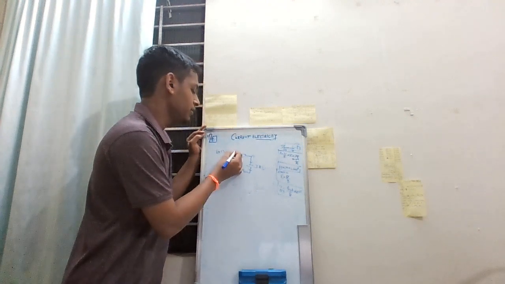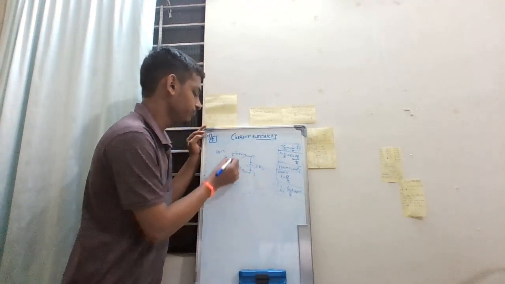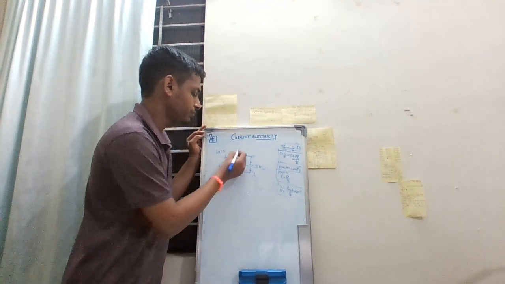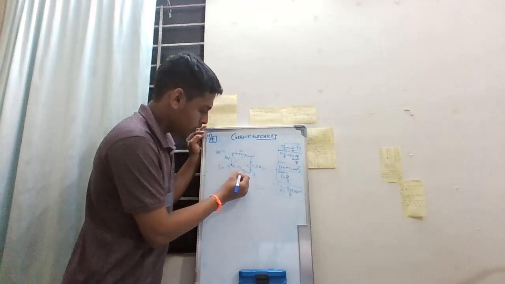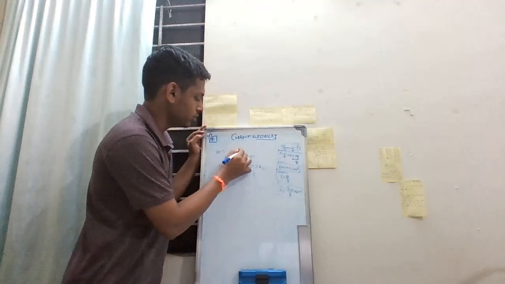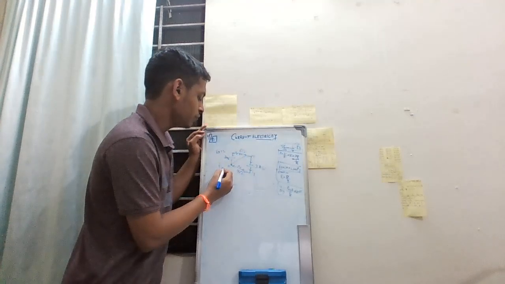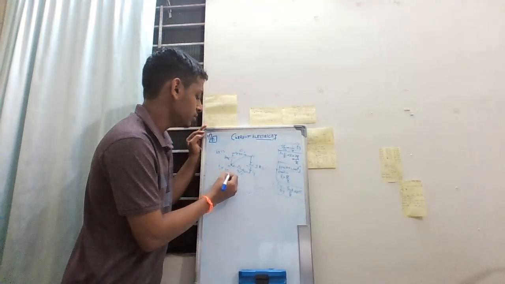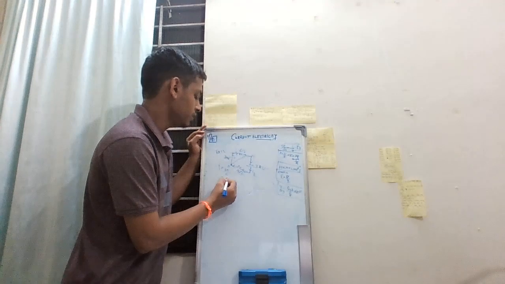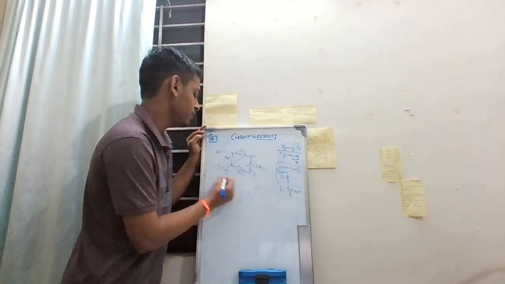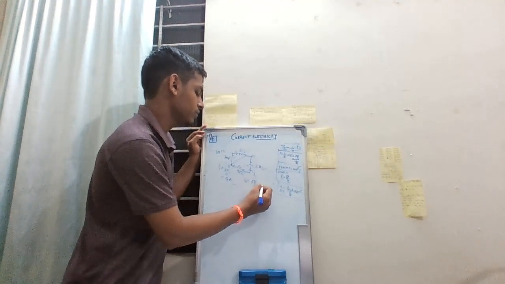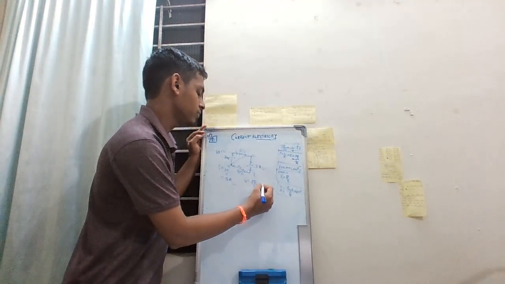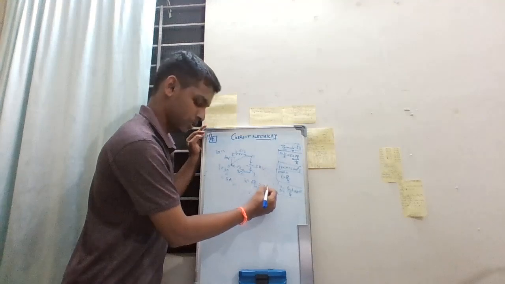So here I1 if we take, and this is I2, I1 would be V by R, so 30 by 6, 6 5s are 30, so this is 5 ampere. I2 would be 28 by 4, 7 ampere.